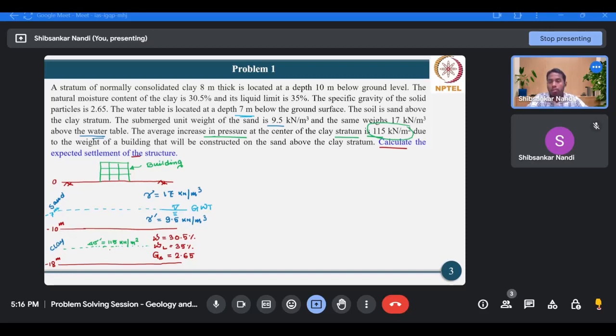Okay, so the main objective of this problem is to calculate the primary consolidation settlement of the clay.